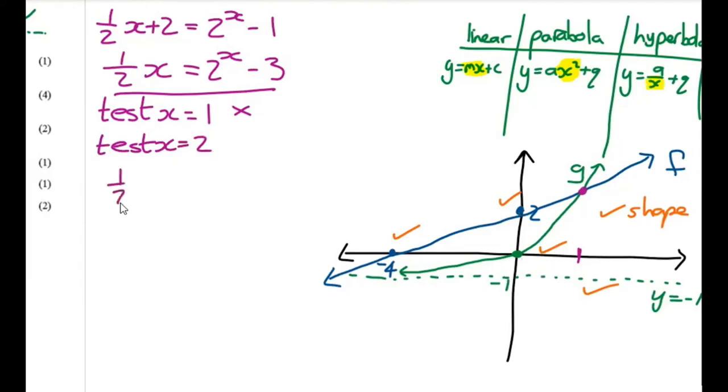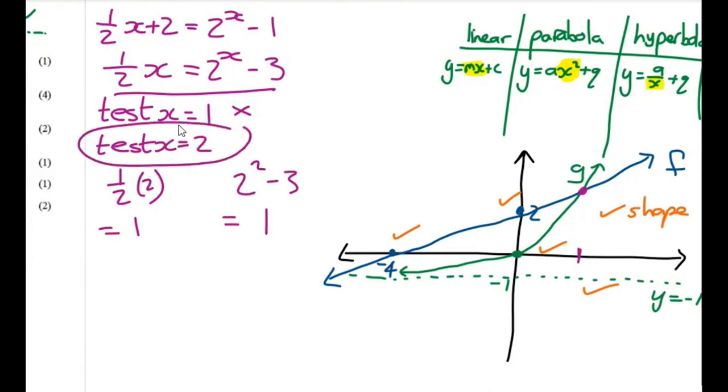So I go a half times 2 and I get 1. And then I go 2 to the power of 2 minus 3, and I get 1 as well. So I know that that is exactly where it's going to be, where my x value is 2, my y value is going to be 1, which means I'm definitely off the scale for my curve.